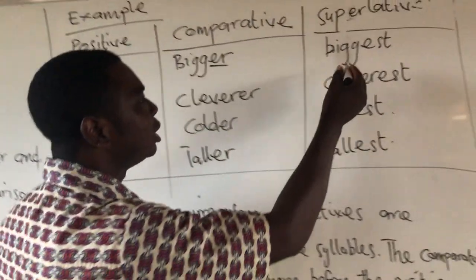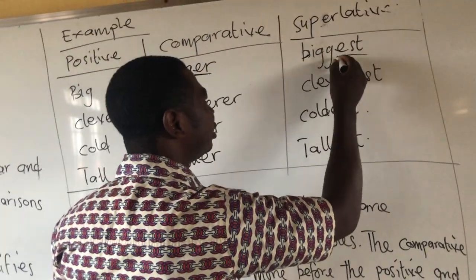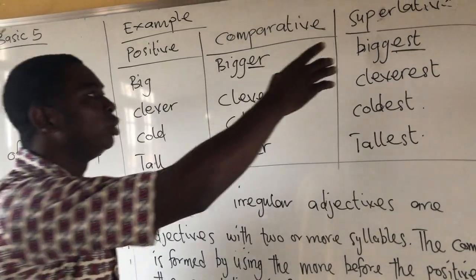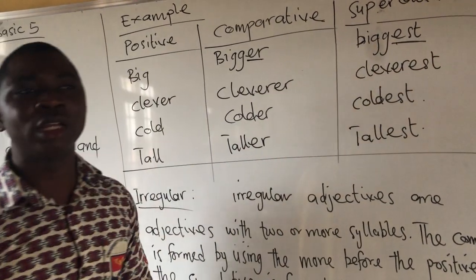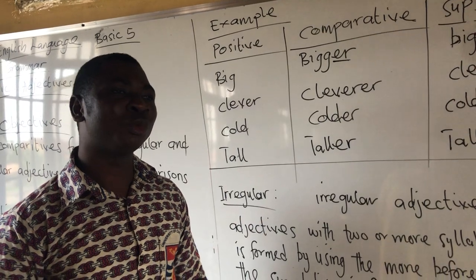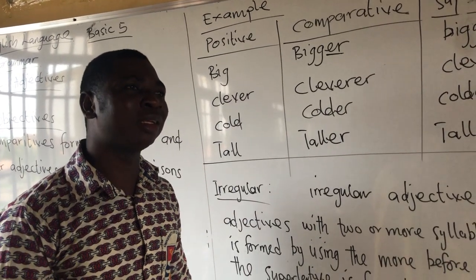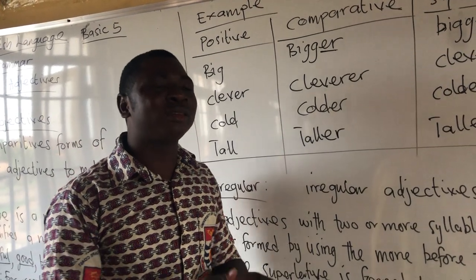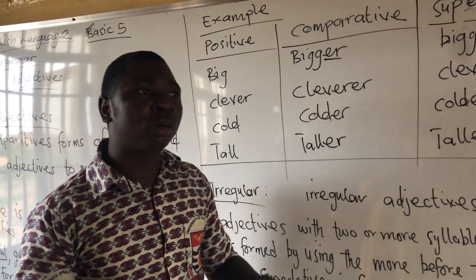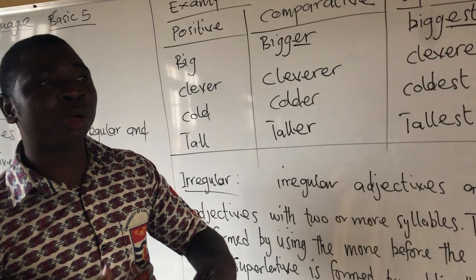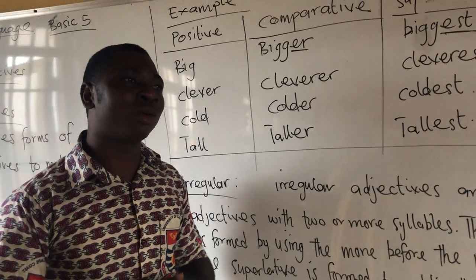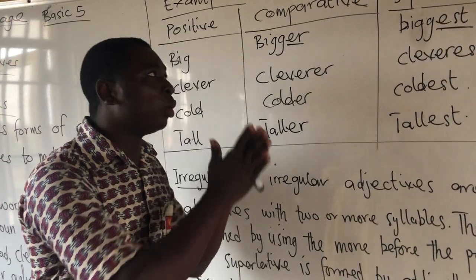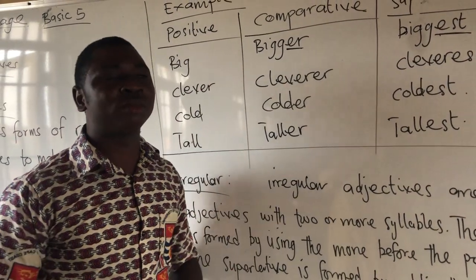And then adding est, that's biggest, to the positive, you form the superlative form of the adjective. When we are comparing two things or two human beings, we use the comparative form of it.